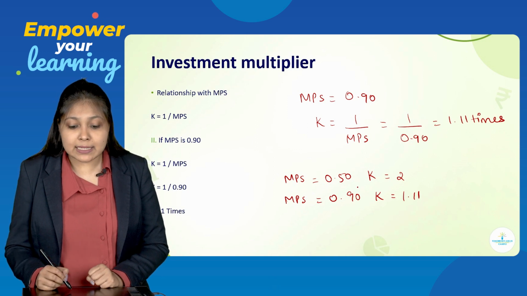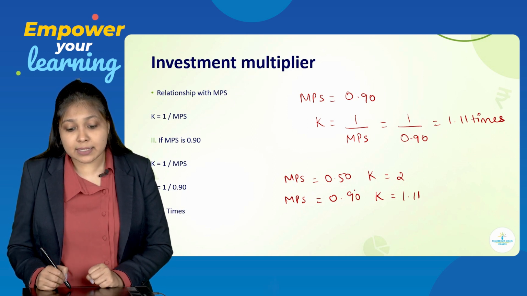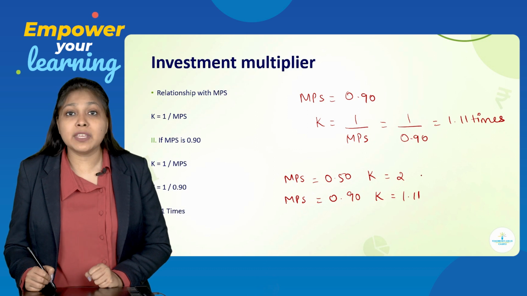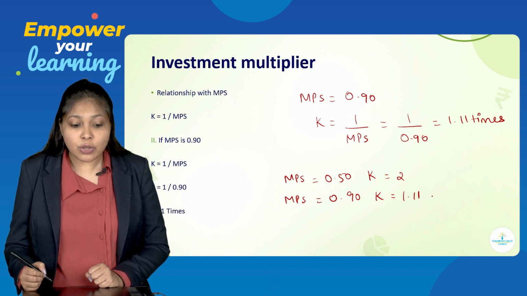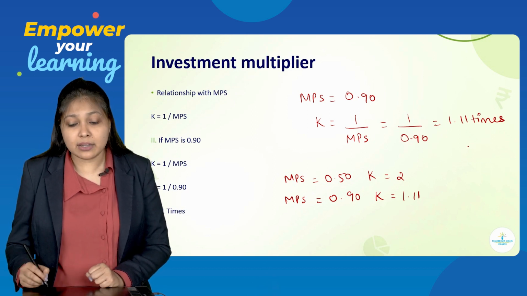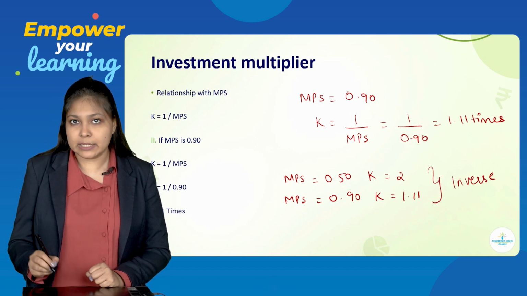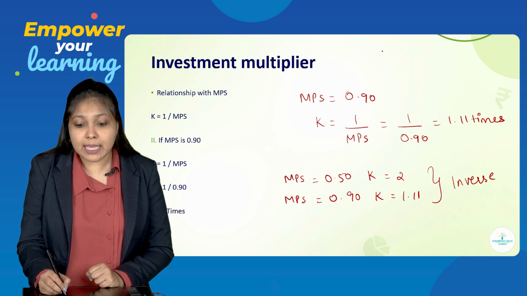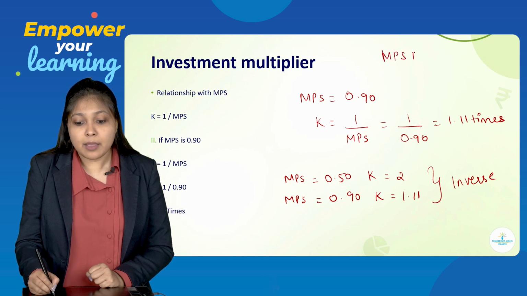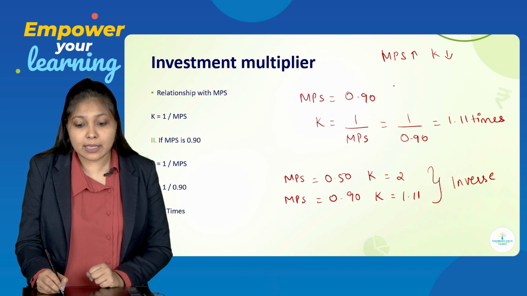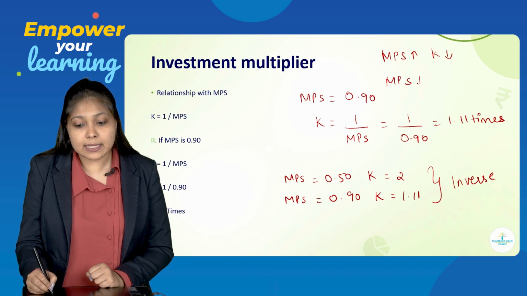So I can very easily see that when my MPS is increasing, my value of K is decreasing. So I can very easily say that here the relationship of MPS and K is an inverse relationship. That means when my MPS increases, my K will decrease, and when my MPS decreases, K will increase.